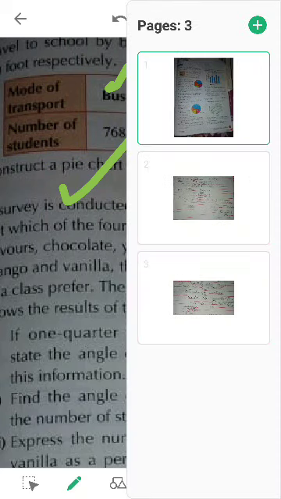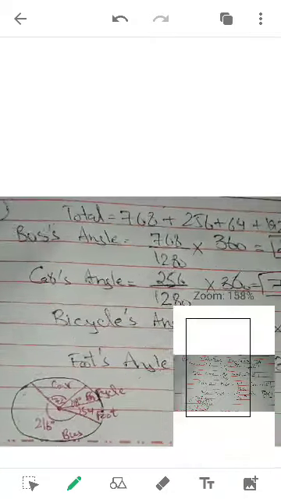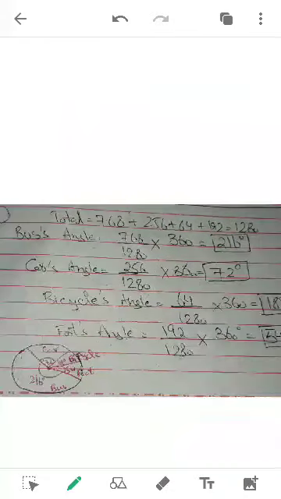So let me show you how to simplify that. First of all, I have calculated the total number of students given in my data. 768 plus 256 plus 64 plus 192 comes out to be 1280. So the total number of students is 1280.